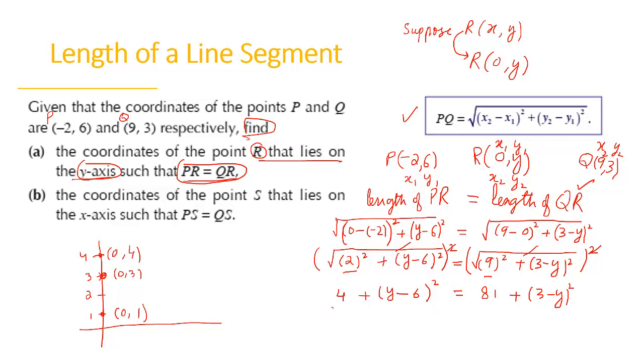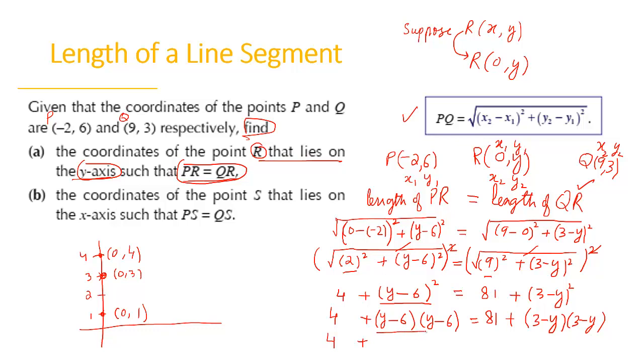Now I will apply the identity here. If you know the identity, that's fine. If you don't know the identity, then use this formula: y minus 6 times y minus 6 is equal to 81 plus 3 minus y times 3 minus y. Just expand it.